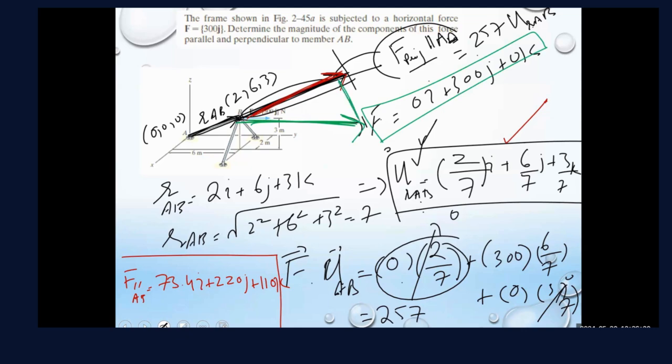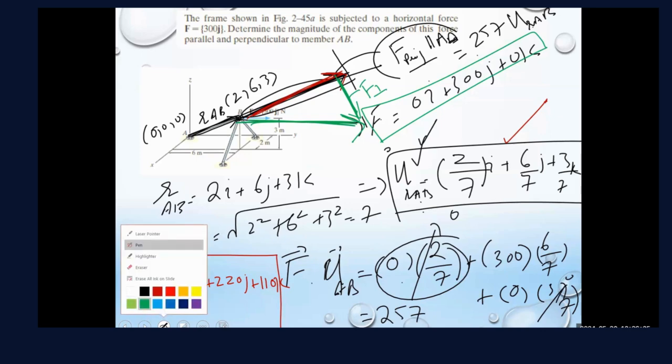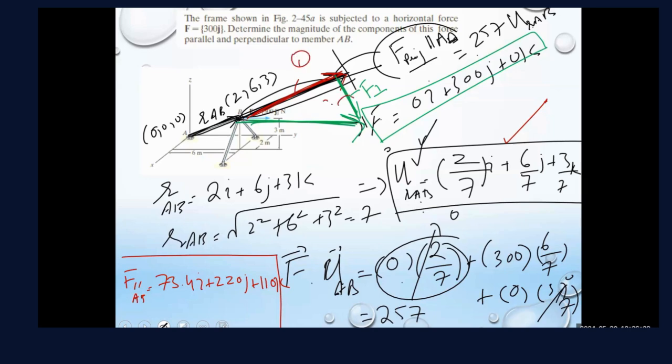Can I calculate what is the perpendicular vector? What is this one? F perpendicular. Which two vectors do you need to add to get the third one here? There are three vectors, right? Think here, there is vector 1, this is vector 2, this is vector 3.